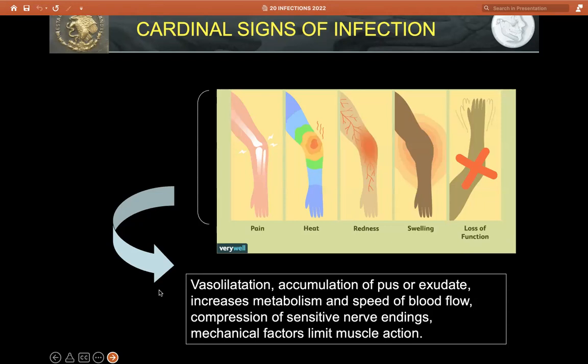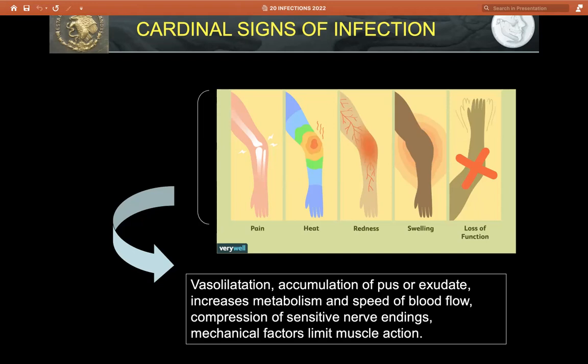Now, one of the things that is kind of confusing for you guys especially is how we can differentiate if a patient has an inflammation caused by a surgical procedure or an infection. All the cardinal signs of inflammation are the ones in the infection as well. The thing that changes is the timing.